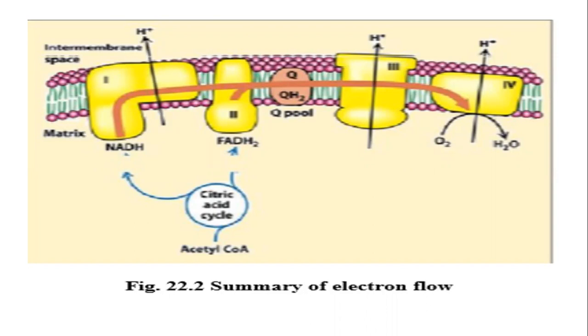Now, let us discuss coupling of electron transport and ATP synthesis, because the final result of this cellular respiration is synthesis of ATP for energy generation. This is divided into 2 steps.